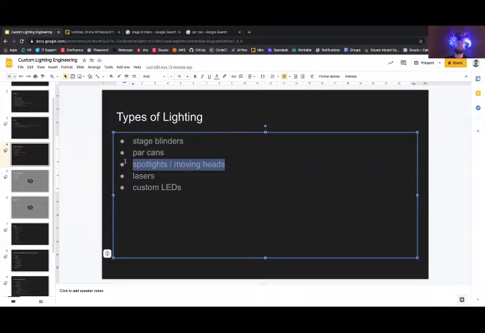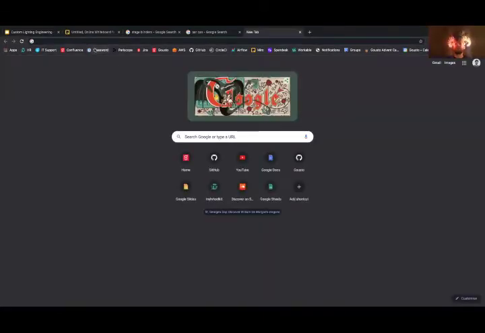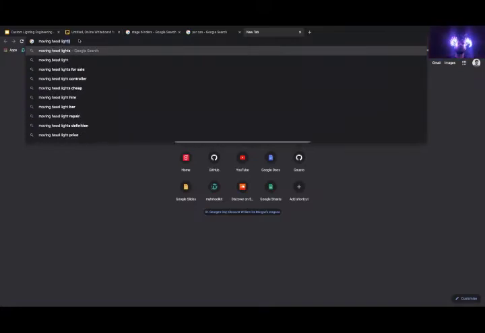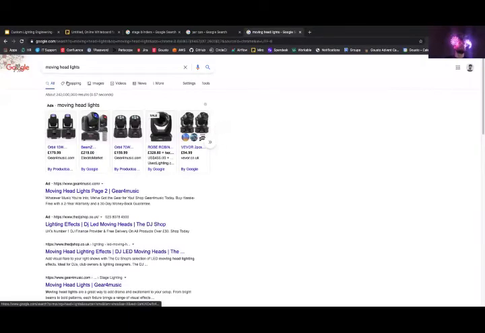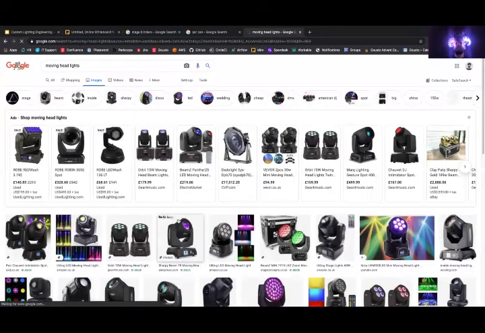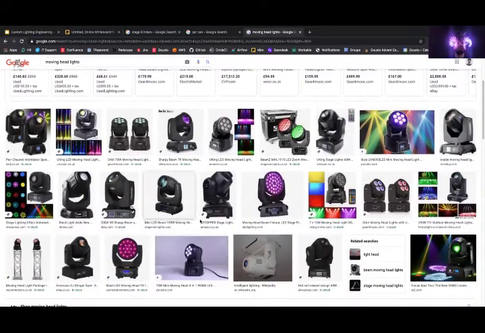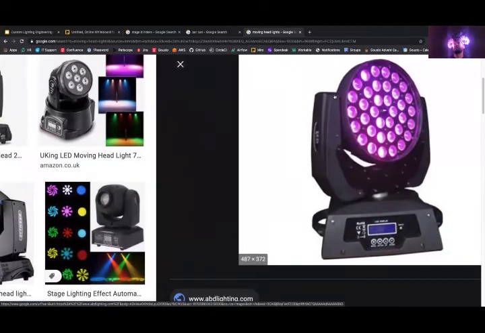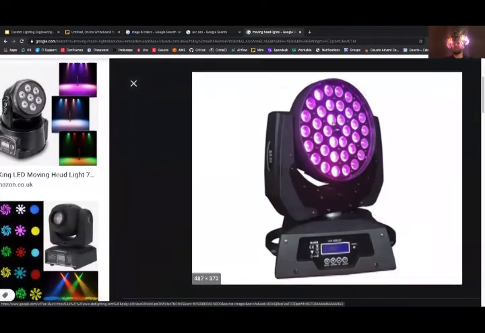Okay, spotlights and moving heads. What are those? Well, in many ways, they are an evolution of the parcan. So these bad boys, this one looks like a parcan, but it's got this multi-axis kinetic mechanism, which allows you to point it in different directions in real time.